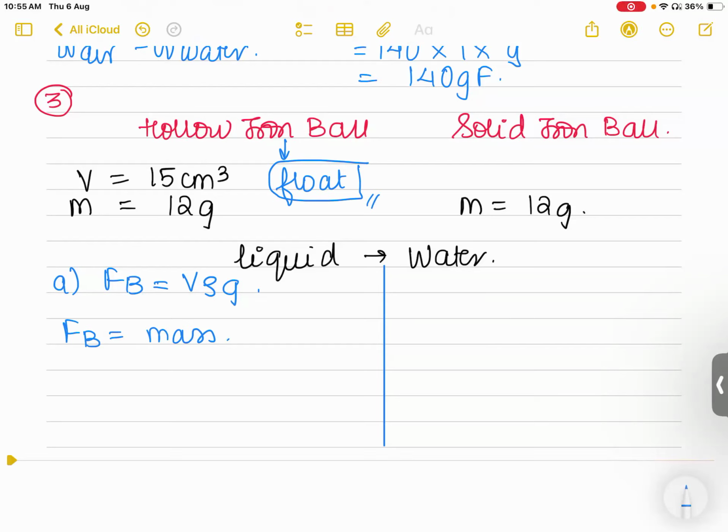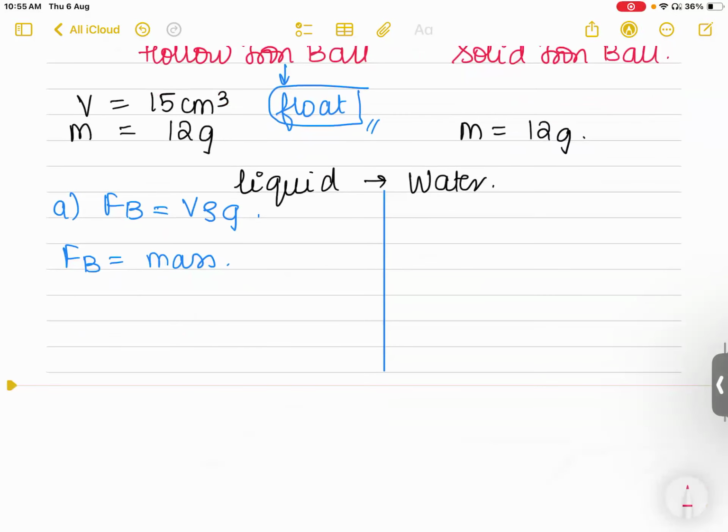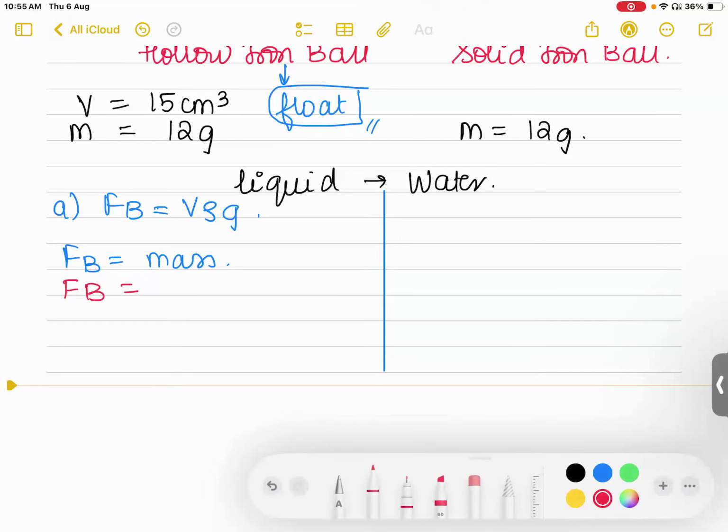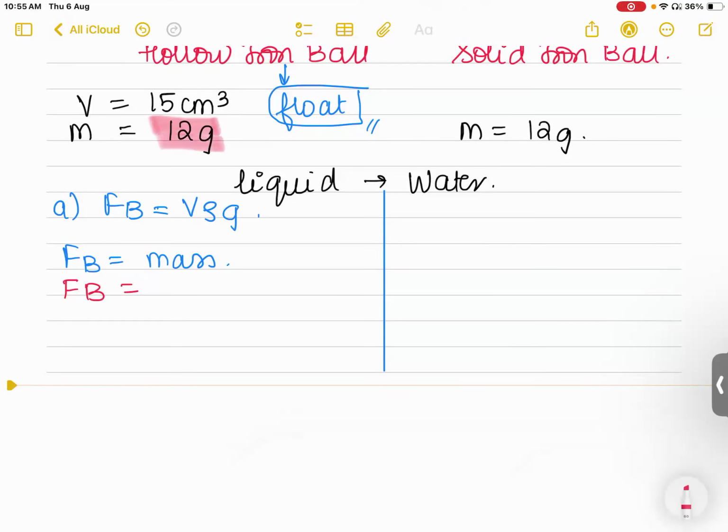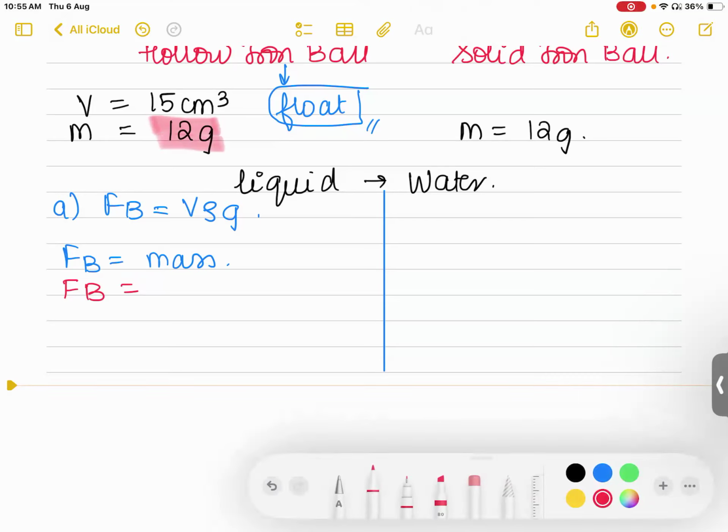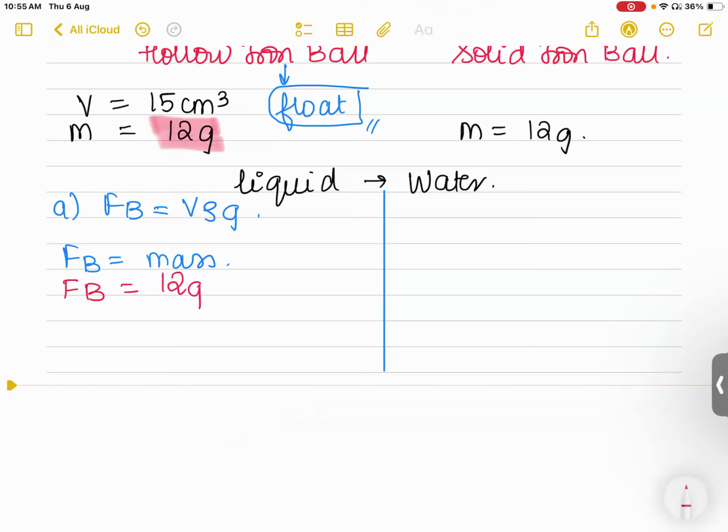Many students will try to use the formula FB is equal to V rho G and they will get an incorrect answer. So, students, for this case, we will write FB is equal to mass of that object, and the mass of the object is already given to me, which is 12 grams. So I'll substitute. I will get over here 12 GF as FB of the object which is going to float.